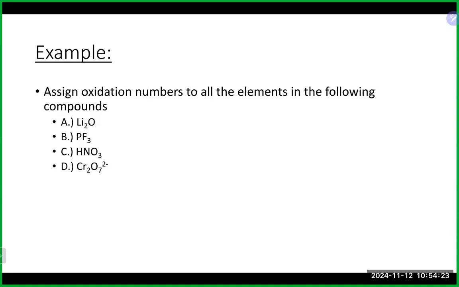Okay, so let's take a look here. We'll go with our Li2O. So again, here we're going to start with oxygen, which is -2. And since lithium is group 1, it is going to be +1. So lithium would be +1, and oxygen again would be -2. Taking a look at our PF3.